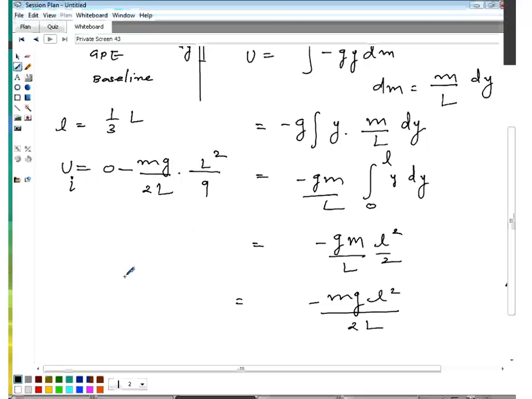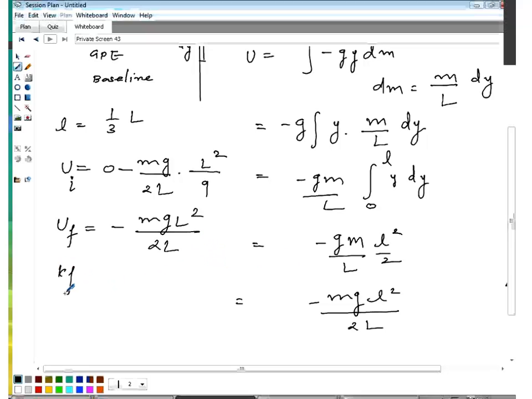That is the initial situation. Initially kinetic energy is 0. Finally, the total capital L is hanging downwards. In place of small l, we should put capital L.